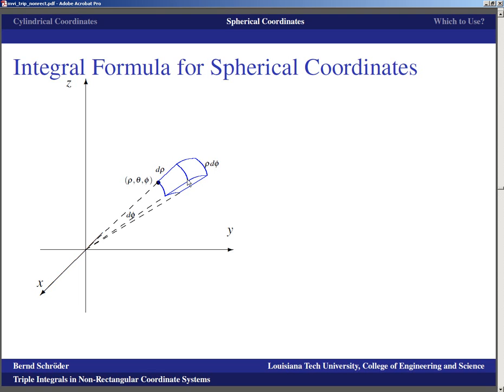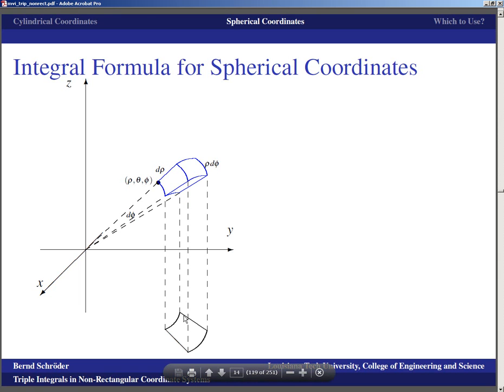And that leaves us with this little length here, but we have to remember that this is basically something that we project down. And then this length here is this length here. And if we go towards the center, we realize this little angle is d theta, and that means that this length here is r d theta. And so basically we have that r is rho sine phi, so this is rho sine phi d theta.